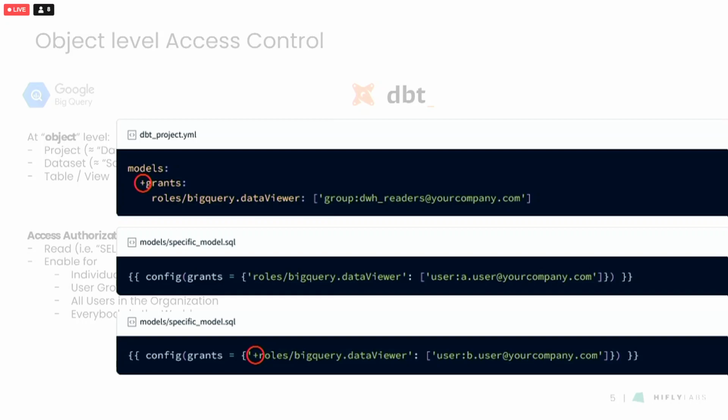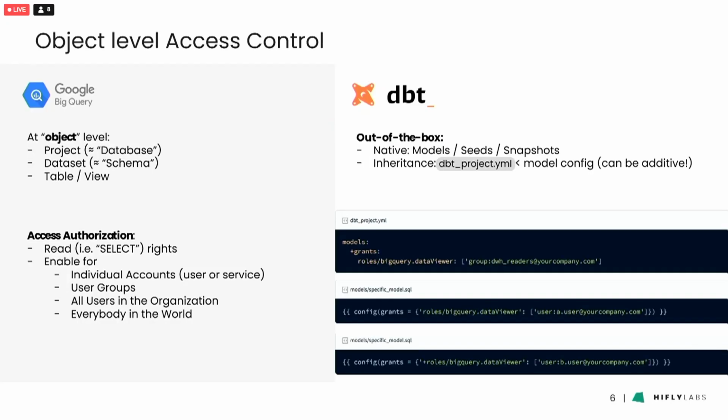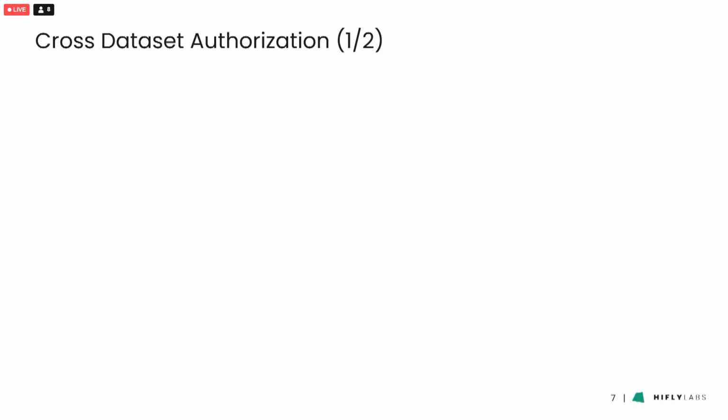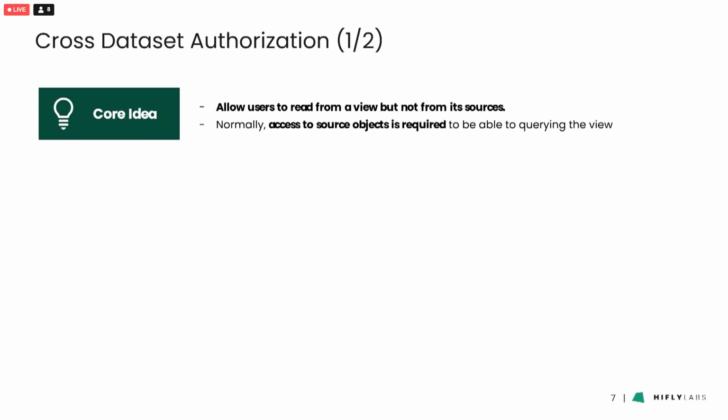That's not very interesting, usually. Where it gets interesting is something that Google has and nobody else, as far as I know, has in this way. The core idea is to allow users to read from certain views without allowing them to access the source of those views.